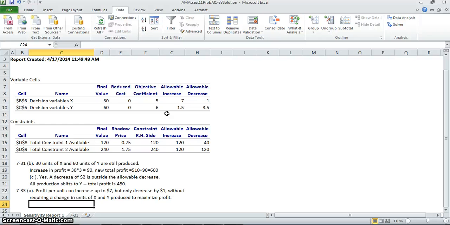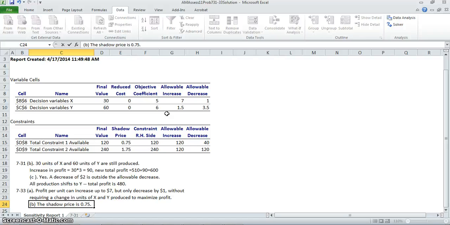Question B says, if the right-hand side of constraint 1 were increased by 1 unit, how much would the profit increase? This is given to us by the shadow price. For constraint 1, the shadow price is 75 cents.